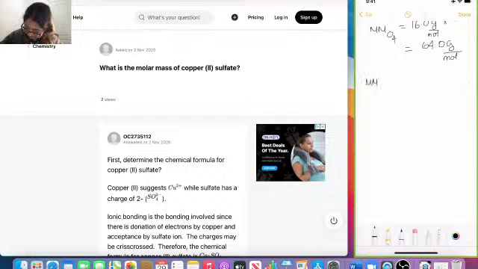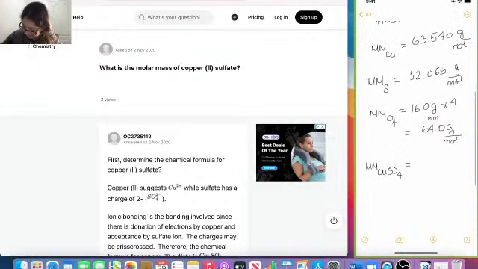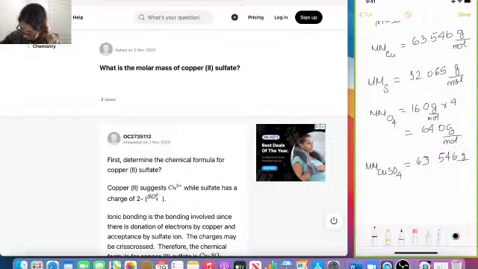So the molar mass of copper sulfate equals 63.546 grams per mole, plus 32.065 grams per mole, plus 64.0 grams per mole.